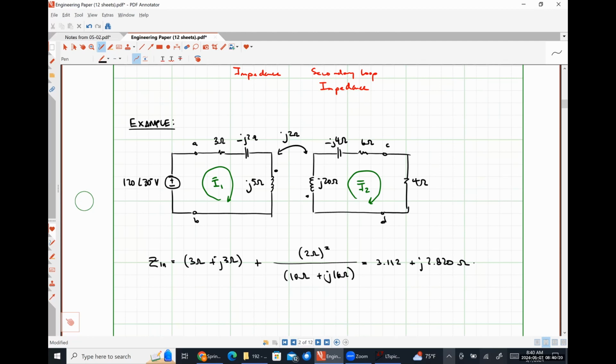Typically speaking, I like to express impedances in rectangular form, voltage and currents in polar form. But it's 4.2 angle 42.181 degrees ohms in polar form. I also happen to have that one written down.